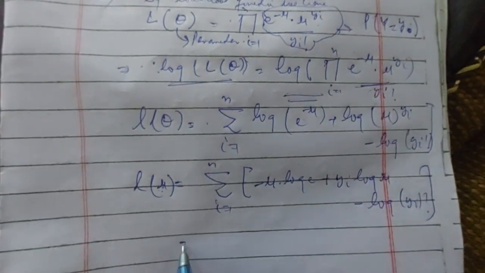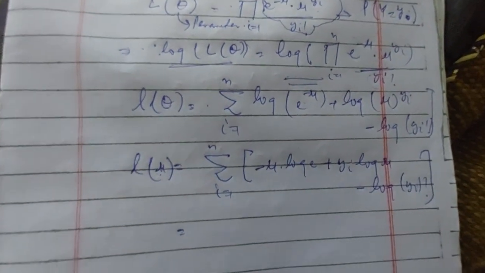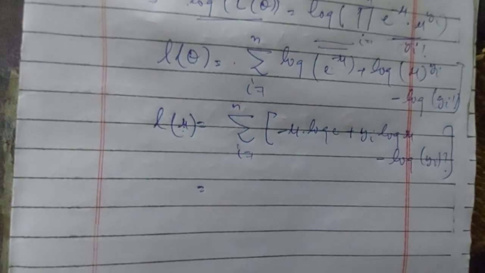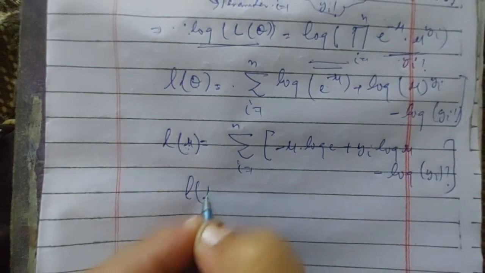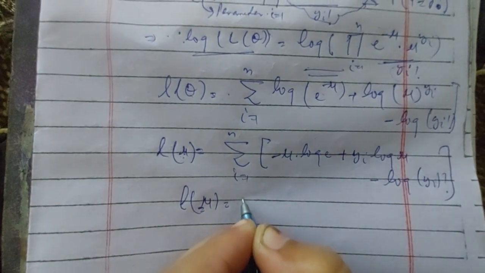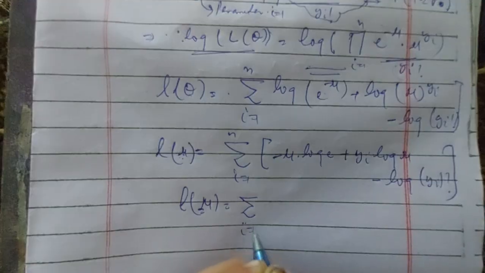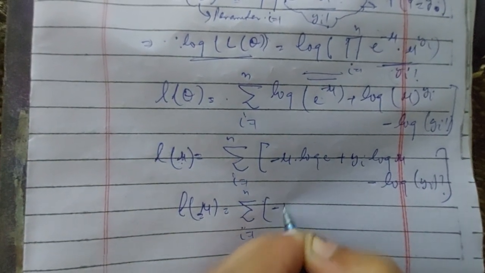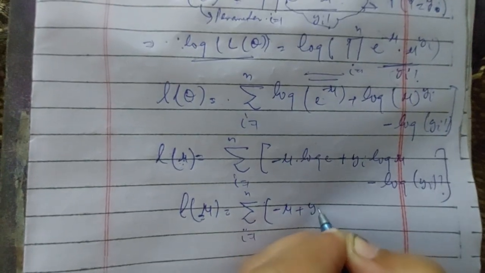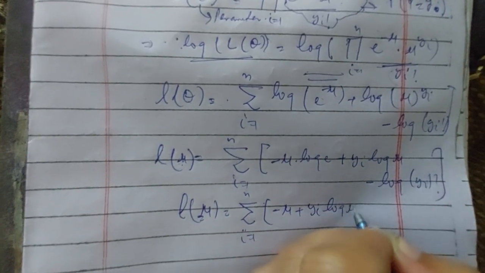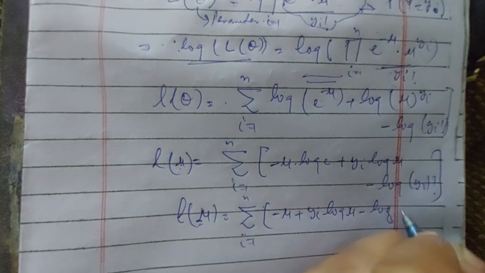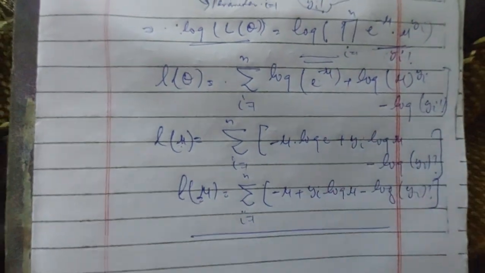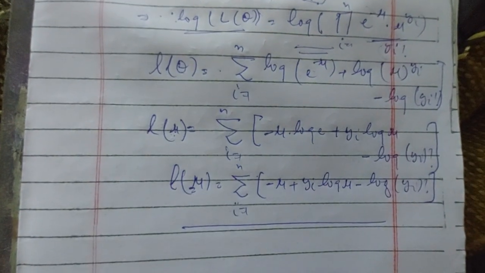The final answer that we get for the log likelihood function, small l of mu, is equal to the summation for i is equal to 1 up to n of minus mu plus yi into log of mu minus log of yi factorial. This is the log likelihood function for the mean mu.